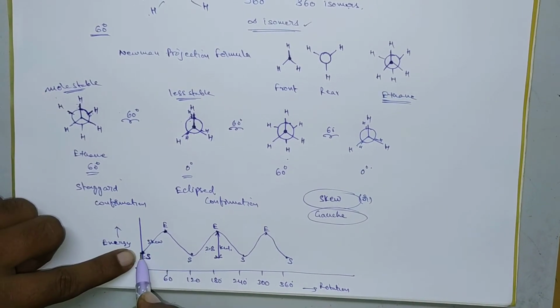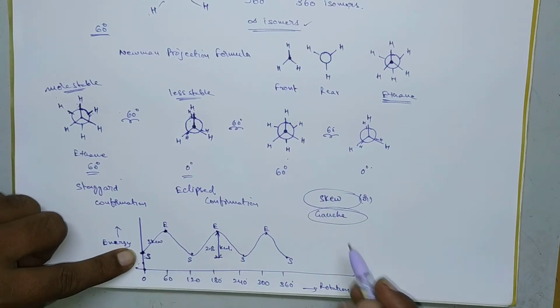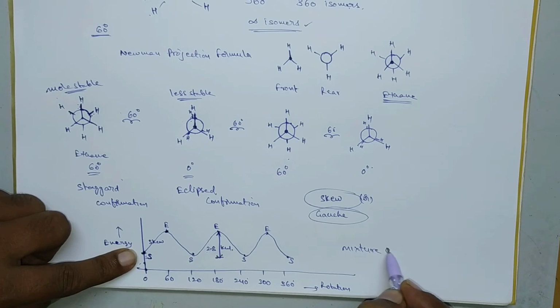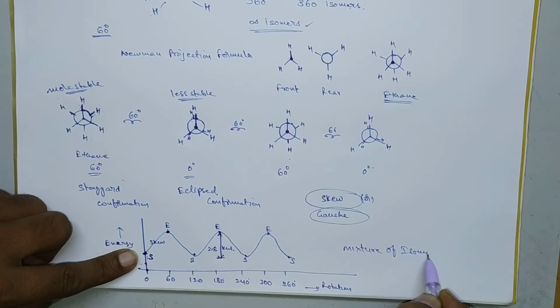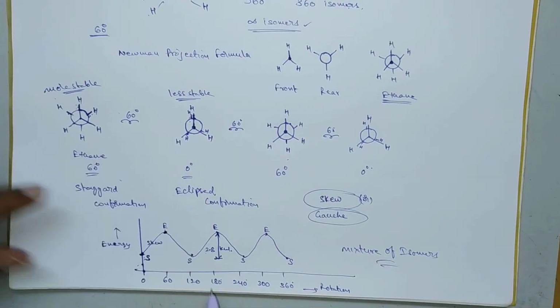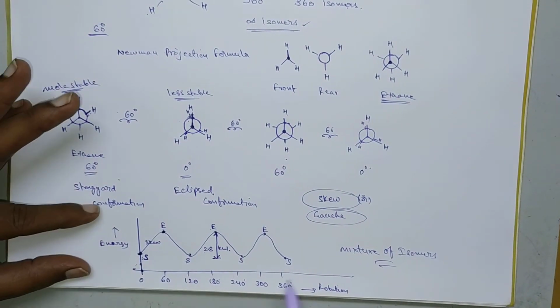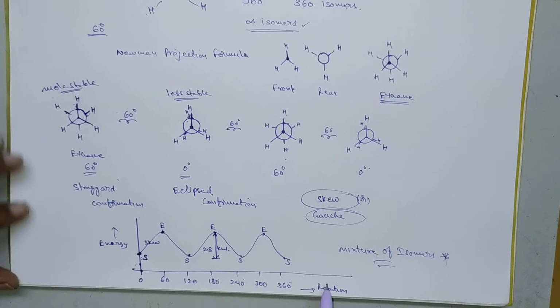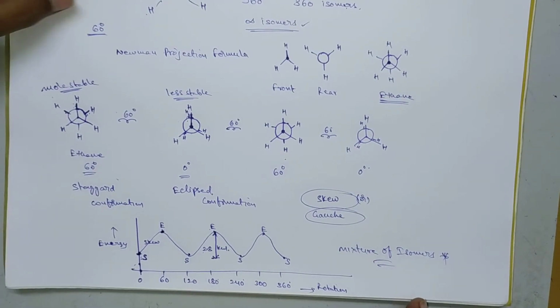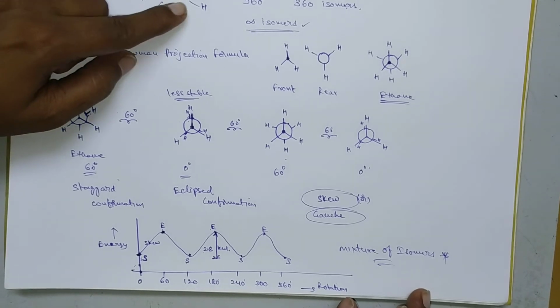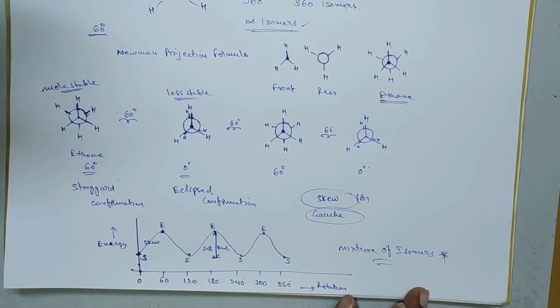That means one isomer is converted into another at room temperature. Due to the small energy difference between staggered and eclipsed, the isomers cannot be separated. So this is about conformational isomerism. Conformational isomerism arises due to rotation about carbon-carbon single bonds.